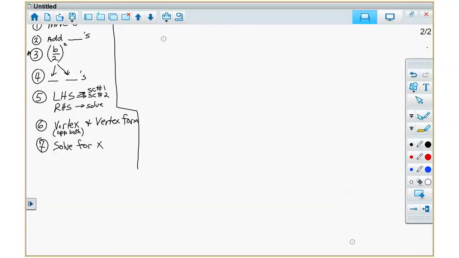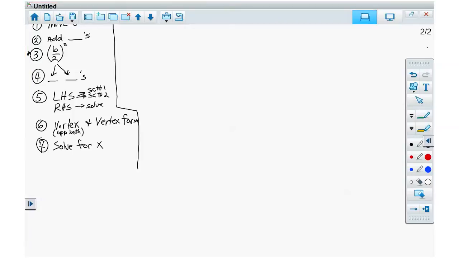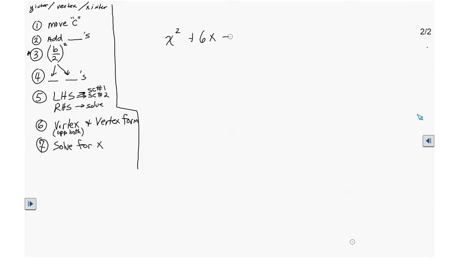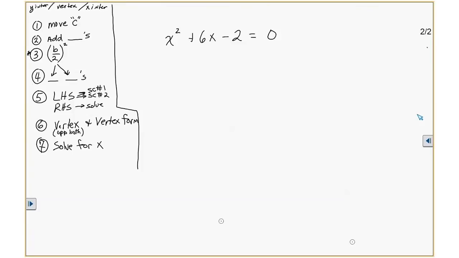Let's do x squared plus 6x minus 2 is equal to 0. All right, y'all do that one.